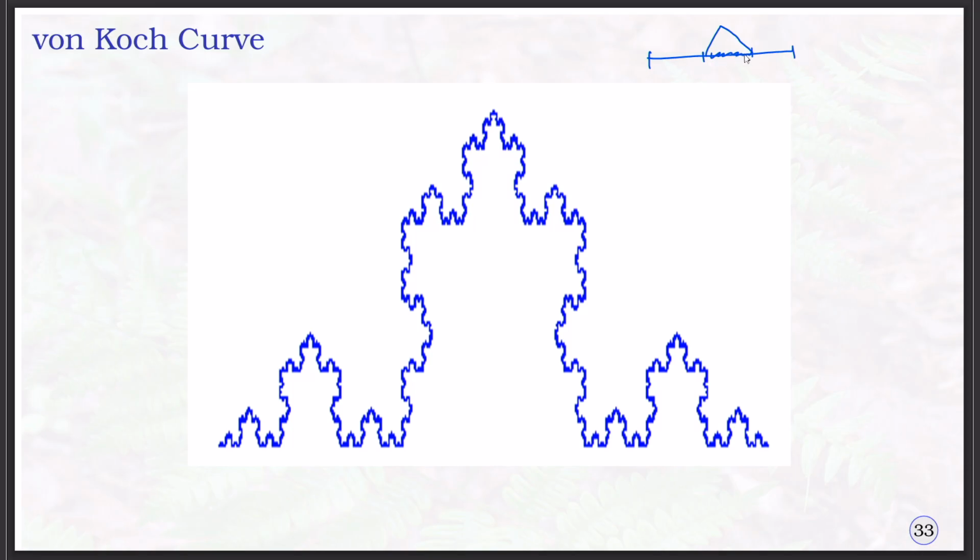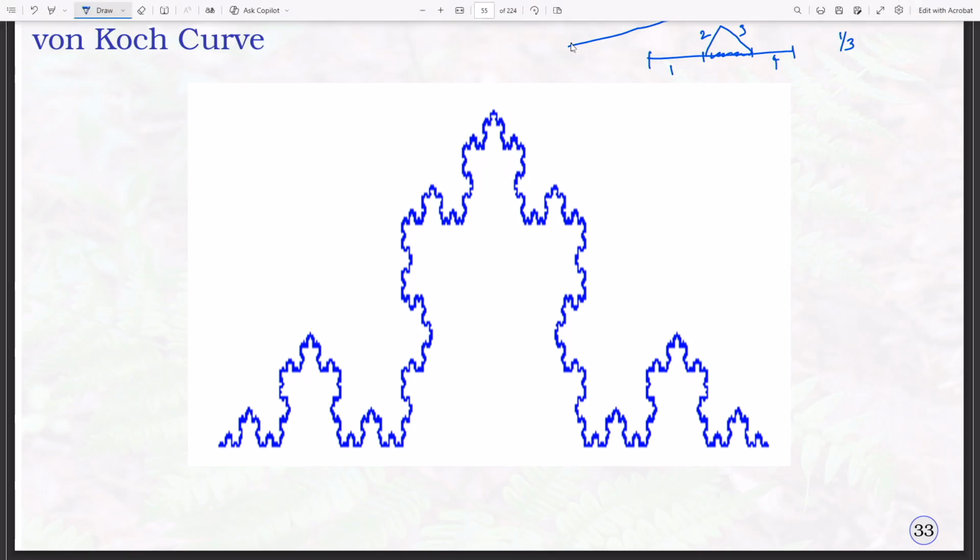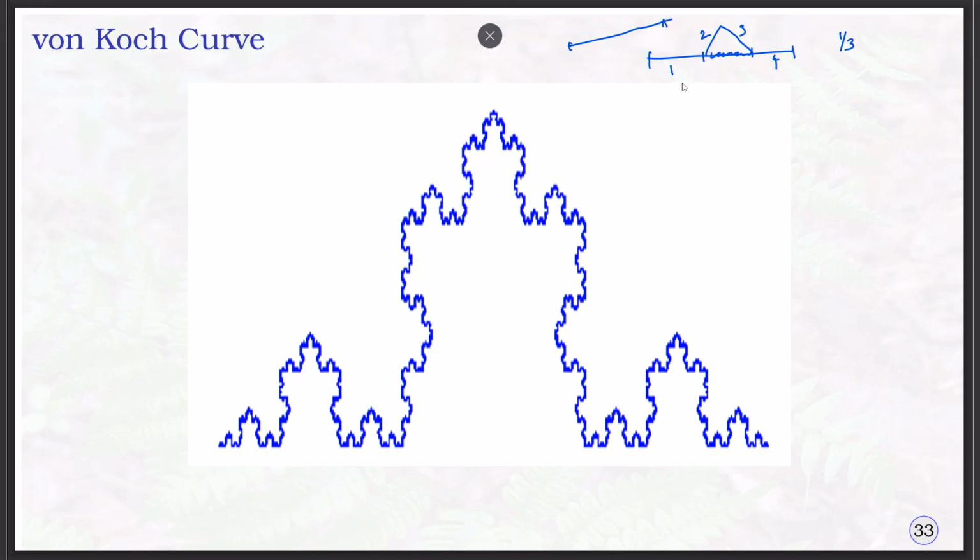After the first iteration, how many line segments do we have? 1, 2, 3, 4 line segments of size 1 by 3, since we started with the unit interval divided into 3 equal parts, so each has size 1 by 3.